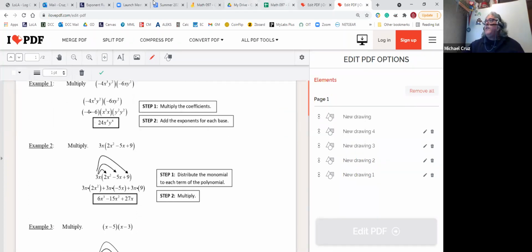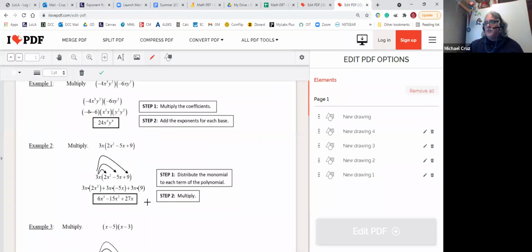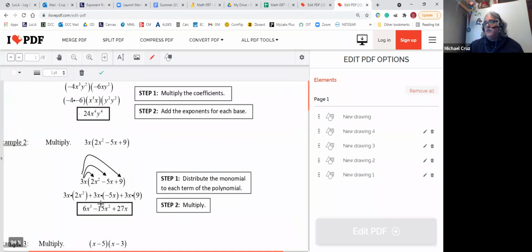Like I said, the only thing that we've really got new to be concerned about is this rule right here, because that's the only thing that's new. Everything else is all old stuff. So 3 times 2 is 6. X times x squared is x cubed. 3 times negative 5 is negative 15.